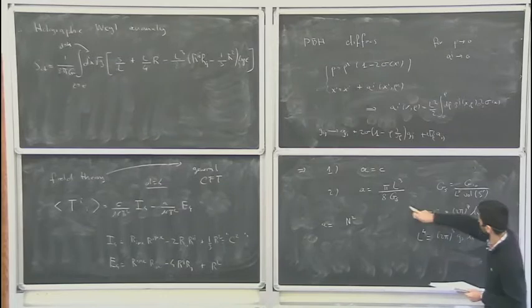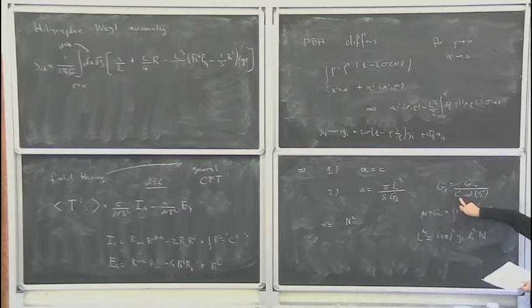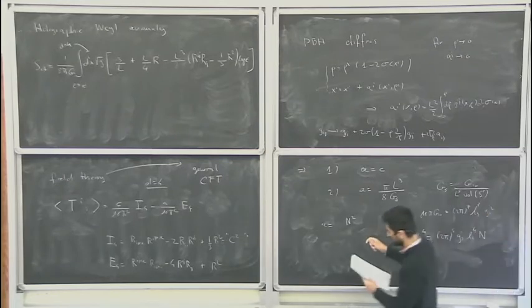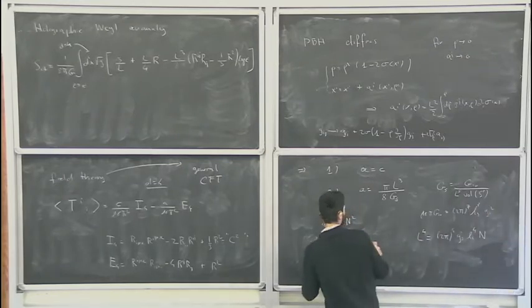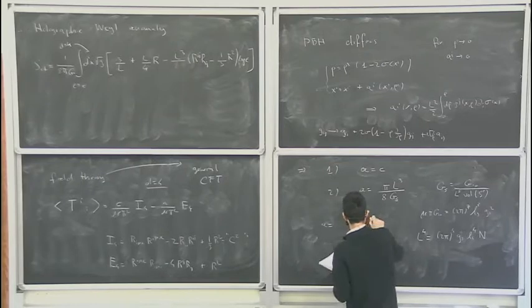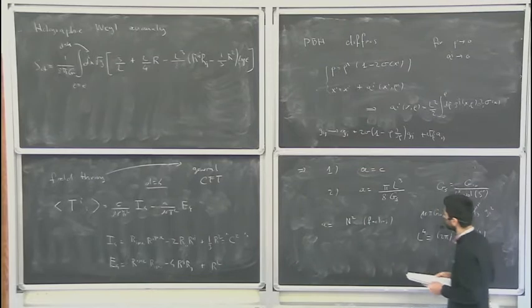For example, for G5 here, you get 1 over L to the 5. So if you combine, you get L to the 8, and then you see that you have an N squared. So N comes with the power 2. Then you also get some factors, all these annoying pi's and 2's, etc.